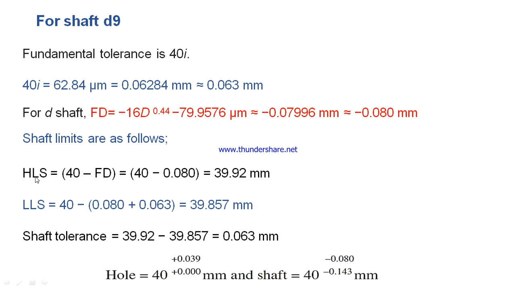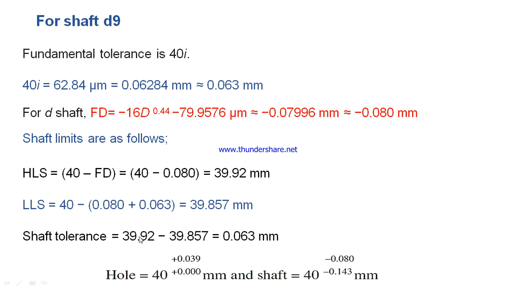So the higher limit of the shaft is equal to basic size minus fundamental deviation. So it becomes 39.92 mm. And the lower limit of the shaft is equal to the higher limit of the shaft minus the shaft tolerance. So the higher limit of the shaft minus the shaft tolerance gives 39.857 mm.